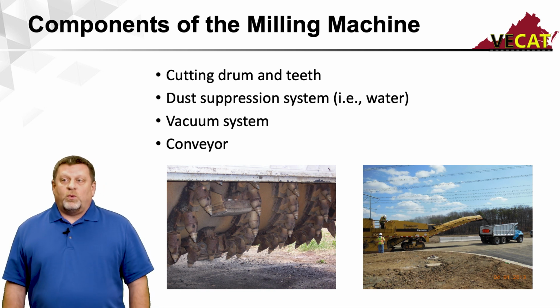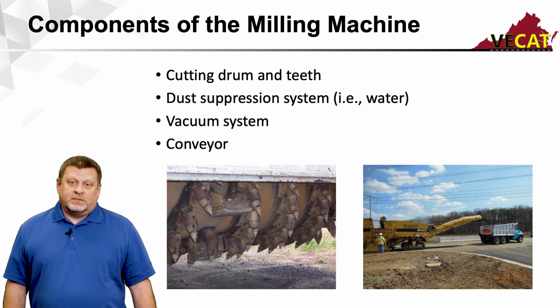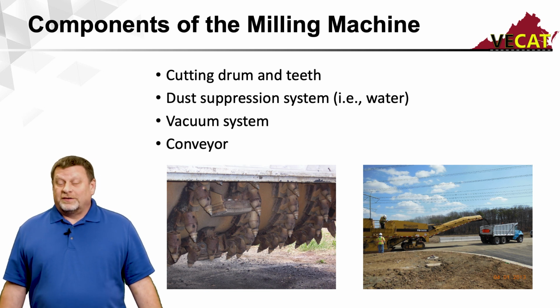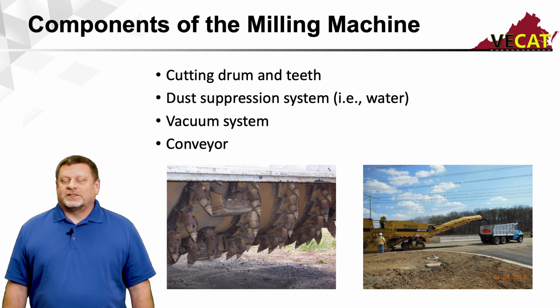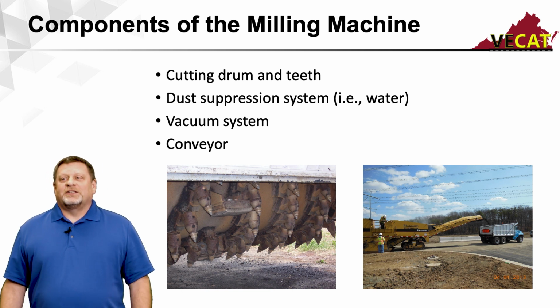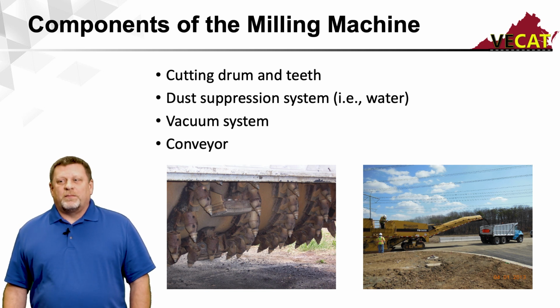All milling equipment will have some sort of dust suppression system. Typically this is just water. Sounds fancy to say dust suppression system, but it's a combination of this and a vacuum system. The purpose of adding water isn't to create a slurry or to make the road really damp or wet. You don't want any kind of standing water when you're done.